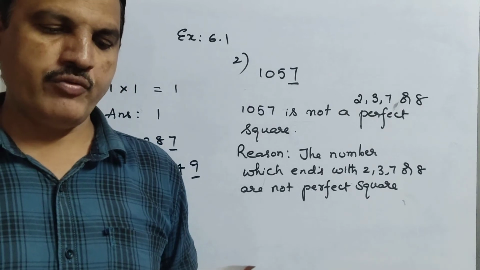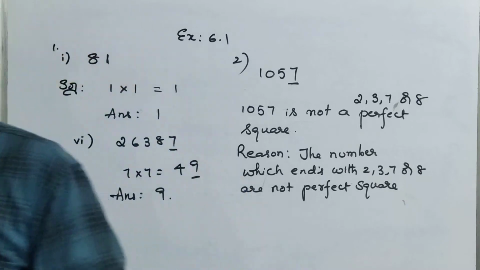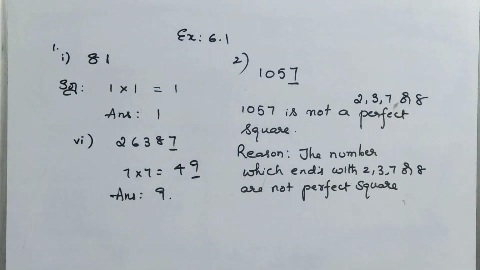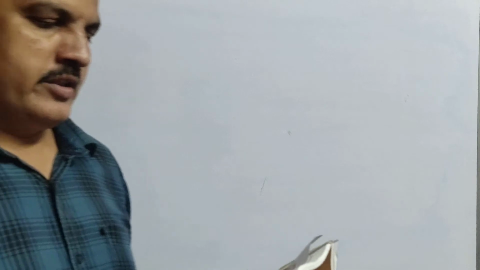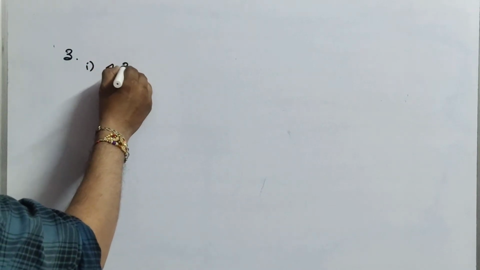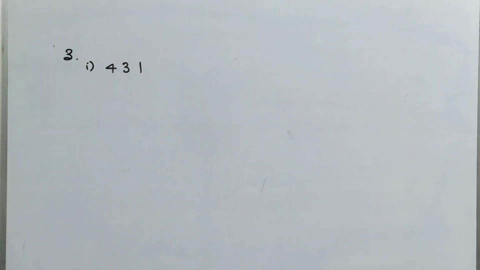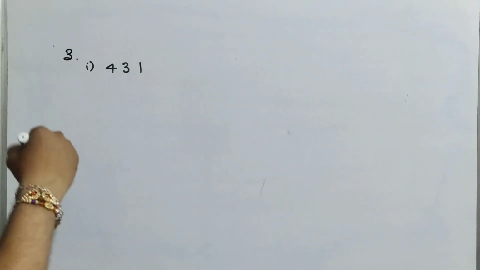The squares of which of the following would be odd numbers? Okay, now we will discuss the third question, children. Listen very carefully. The third question is very clear. The squares of which of the following would be odd numbers? That means here the question is 431. We can say very clearly that for the square, there is no need to do the full sum.